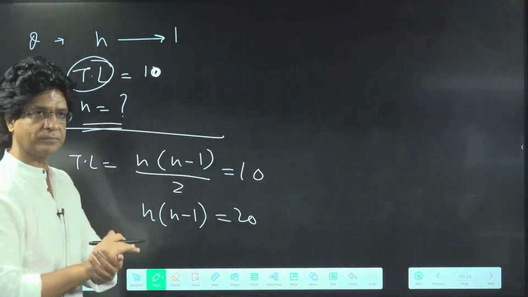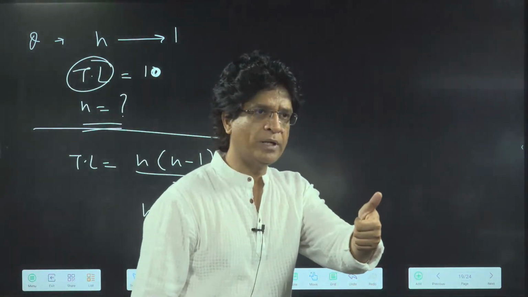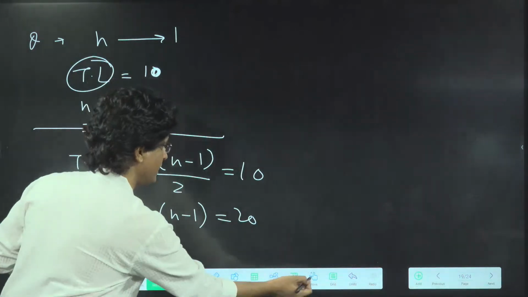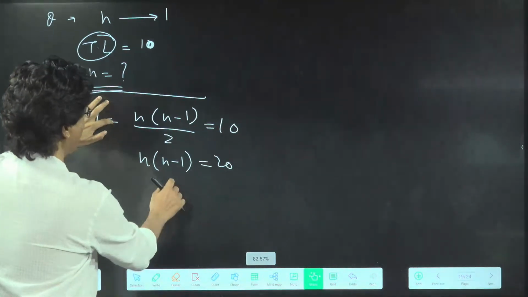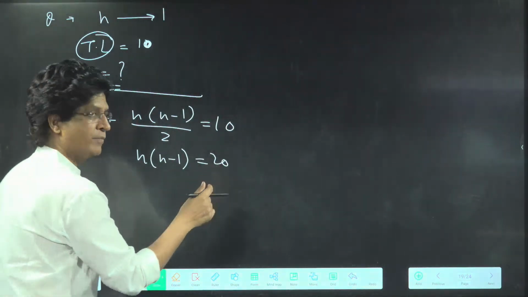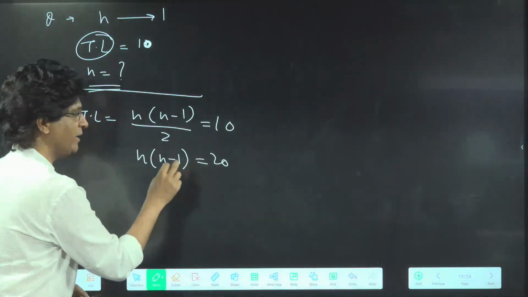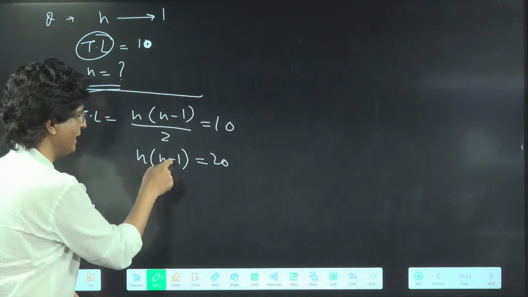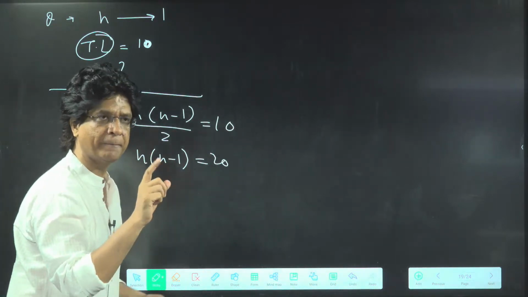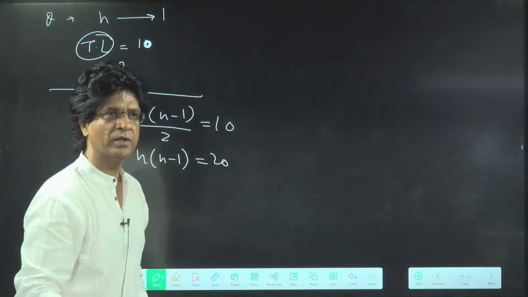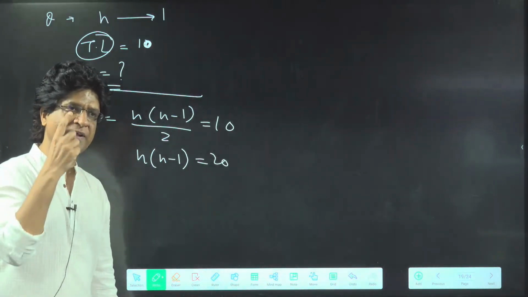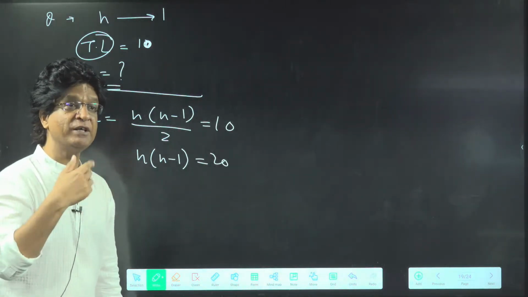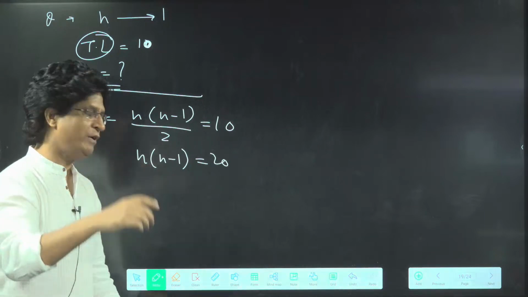Agree or not? Now your job is to find factors of 20 such that they have a difference of 1 only. n and n minus 1 differ by only one. Can you find two factors of 20 with a difference of 1? I believe 5 into 4. Very good.